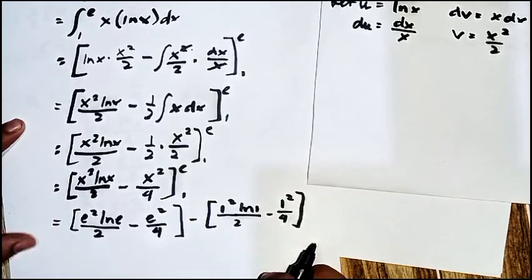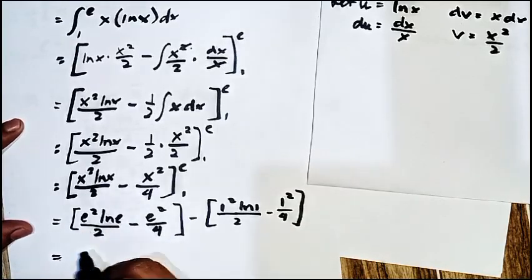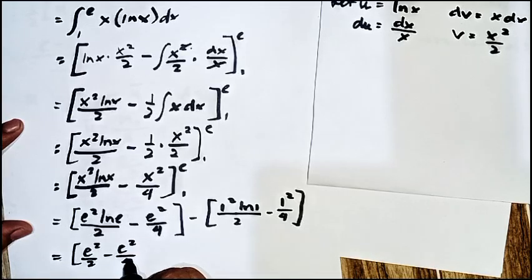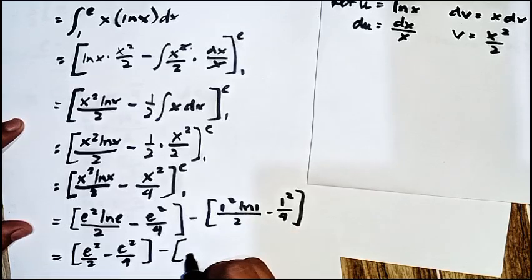So simplify, since ln e is 1, what remains is e squared over 2 minus e squared over 4, minus, ln 1 is 0, so automatically this expression will become 0, minus 1 squared, which is 1 over 4.